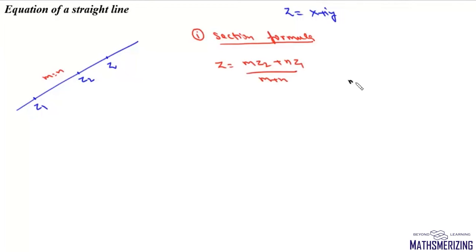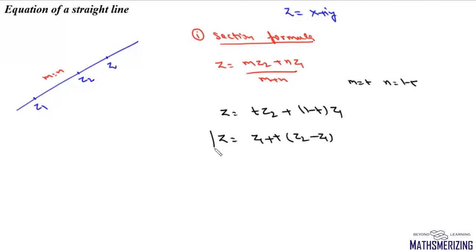Now if we choose m as t and n as 1 minus t, we can write this z as t z2 plus (1 minus t) z1. So this z will be z1 plus t into (z2 minus z1). So this is one equation of a straight line.